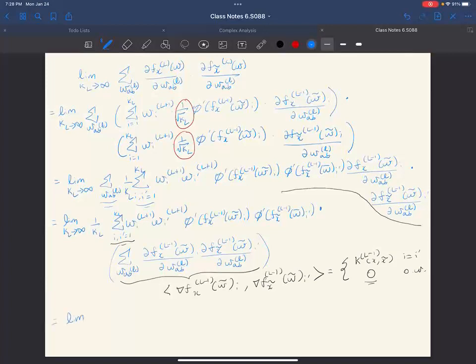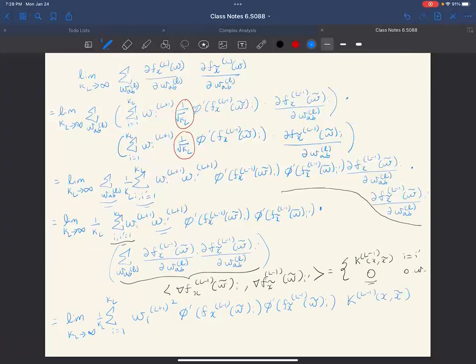So this will actually end up being the limit as K_L goes to infinity of the sum 1 over K_L, i equals 1 to K_L. Now here, when i equals i prime, I just get a W_i at L plus 1 squared, phi prime of f_x at L minus 1, W tilde_i, phi prime at f_x tilde, L minus 1, W tilde_i, times K of L minus 1 at x tilde.